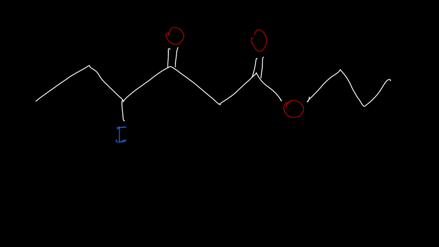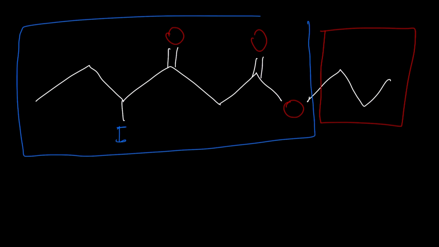Which one is going to be prioritized? The ester is prioritized, and the ketone is going to be a substituent. So let's divide up our ester into two portions. The lonely side is going to have 1, 2, 3 carbons, which is propyl. And then on the main chain we have 6 carbons, so that's going to be called hexanoate. Now we have two substituents on this 6 carbon chain.